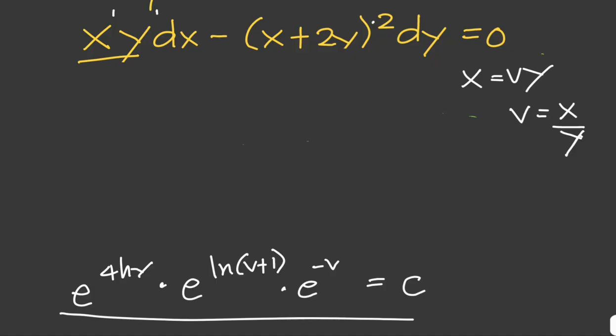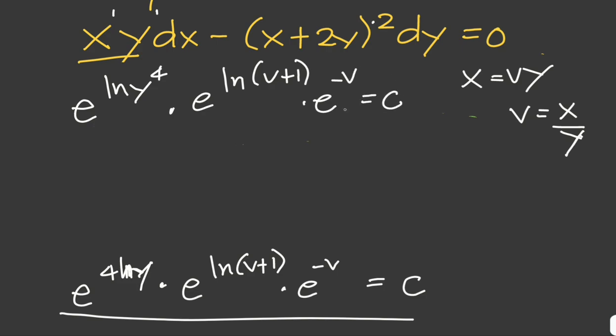Okay, let's do that. Take note here that e to the 4 ln of y is just equal to e to the ln of y to the 4th, times e to the ln of v plus 1, times e to the negative v equals c.